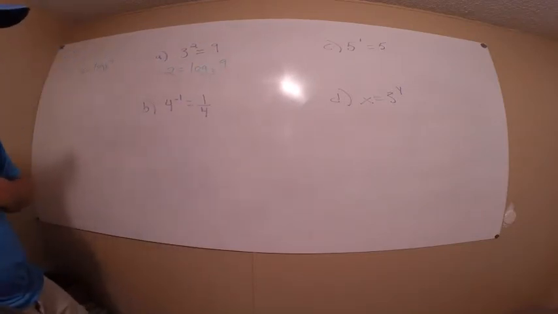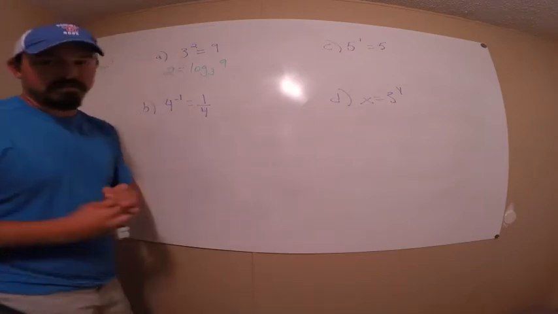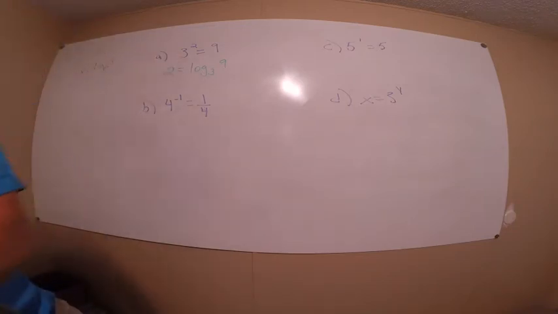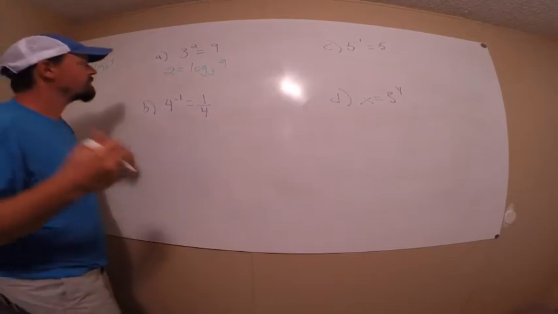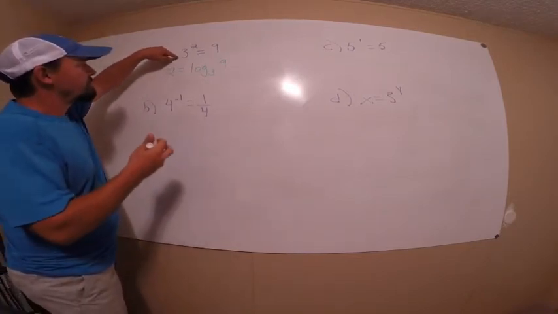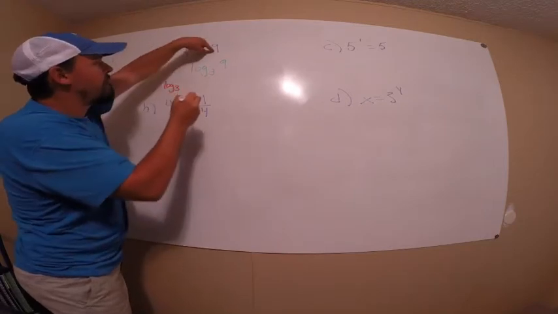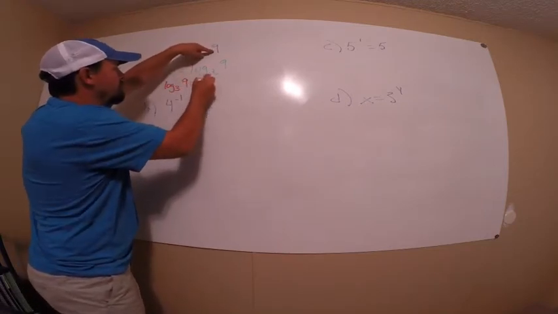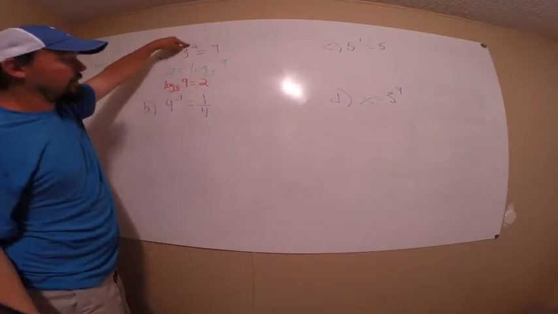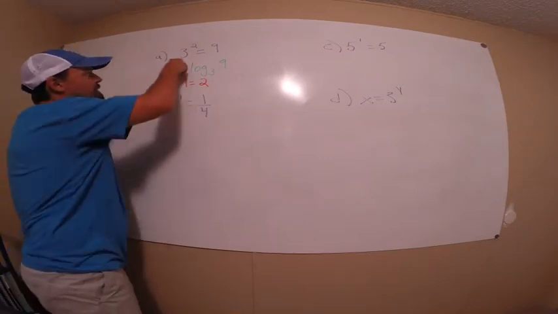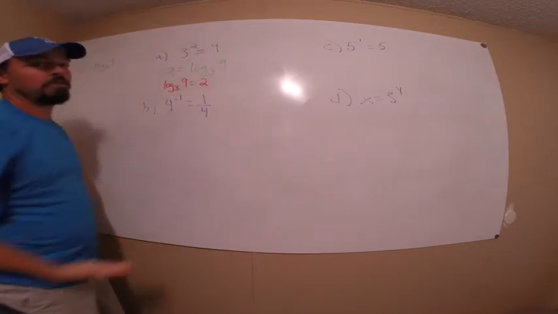The way that I remember it, and the way that it works for me, is log base 3 of 9 equals 2. That's just the pattern that works for me. Log base 3 of 9 equals 2.